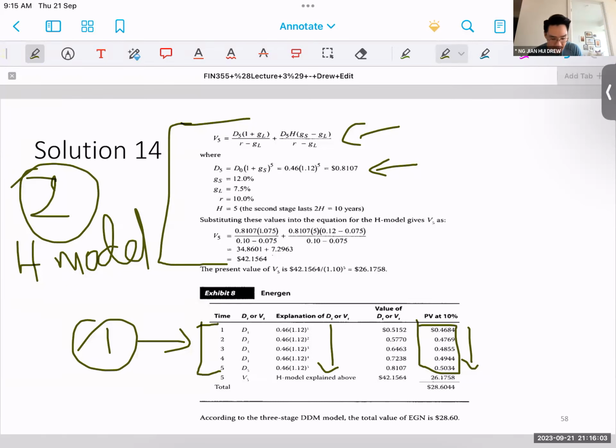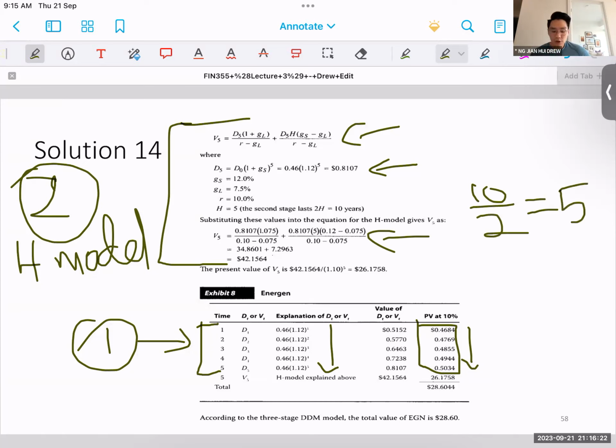So we are plugging in the values into your H model here. And we know that the transition period is 10 years. So we are going to transit for 10 years for decline. So H is 10 divided by 2, which is 5.